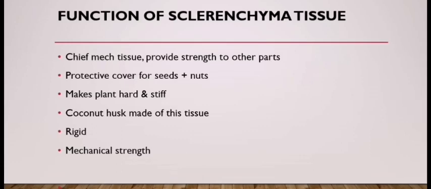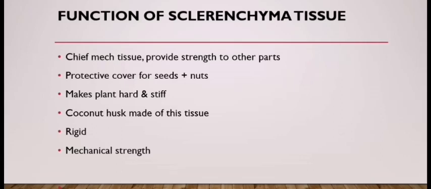Now what are the functions of sclerenchyma tissue? Because we know that they are dead, they are very strong and very hard. So it is the chief mechanical tissue which provides strength to the other parts. They provide a protective covering for seeds and nuts. They make the plant hard and stiff.